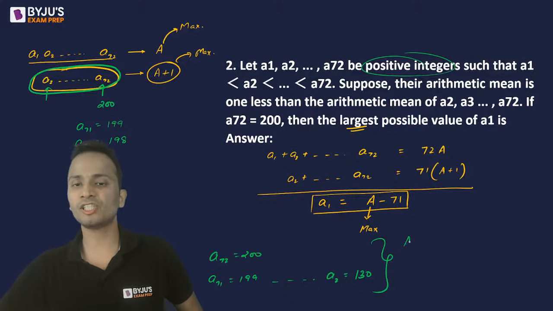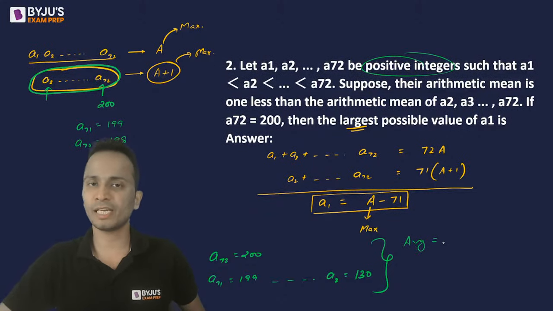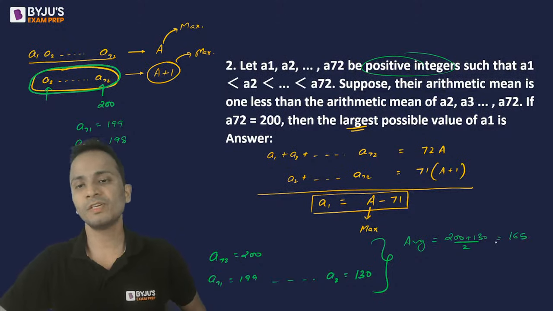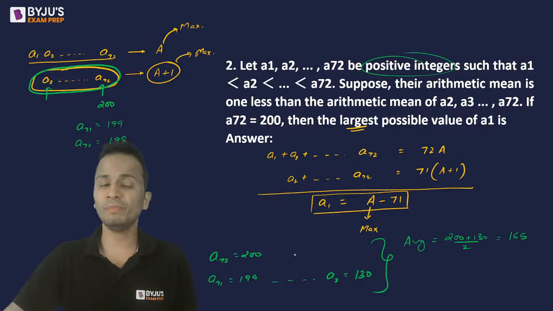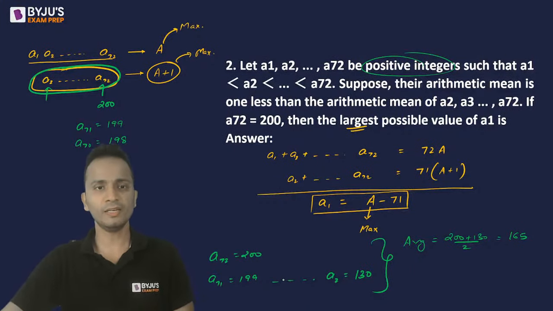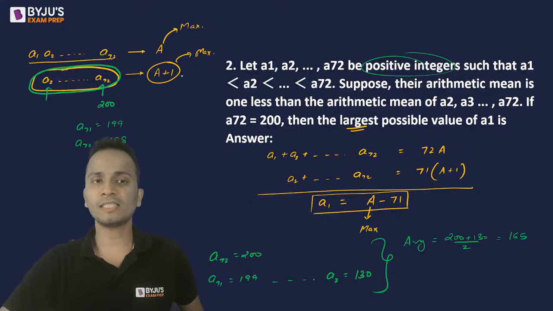इनका average क्या होगा? Their average will be the middle term because all of them are consecutive integers. So their average is 200 plus 130 divided by 2, that is 330 divided by 2, which is 165. So 165 will be the average of these terms starting from A2. Okay. Their average was considered as A plus 1. So I can now say that A plus 1 का maximum value कितना होगा?